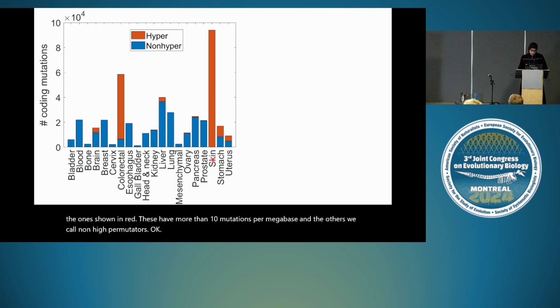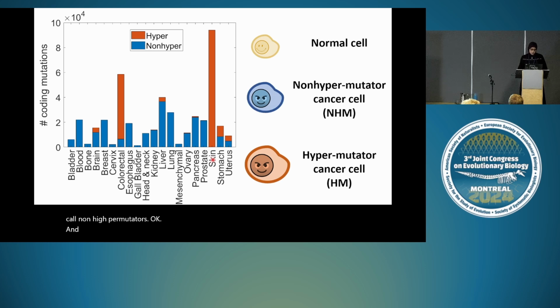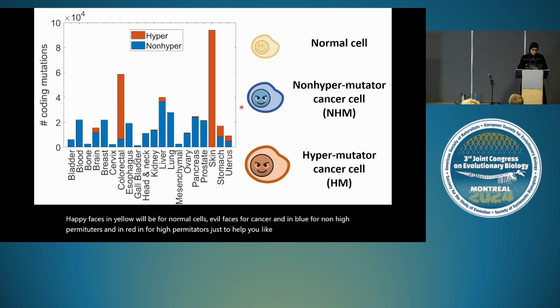And so I'm going to use these cartoons throughout. Happy faces in yellow will be for normal cells, evil faces for cancer, and in blue for non-hypermutators, and in red for hypermutators, just to help you follow and keep consistent with the colors.